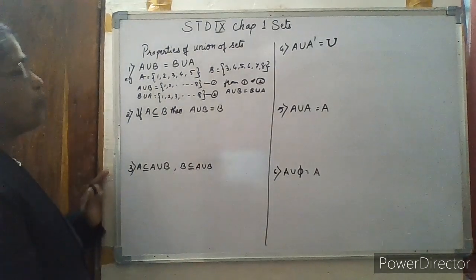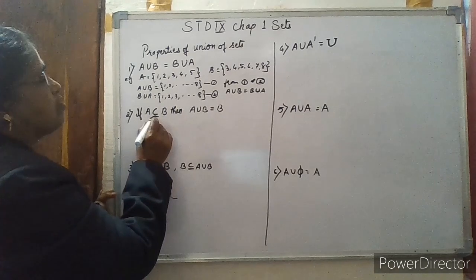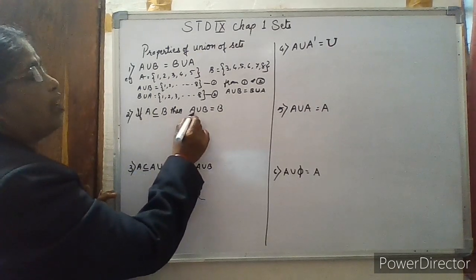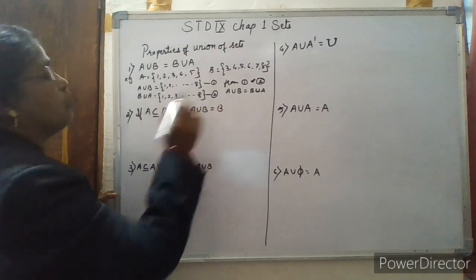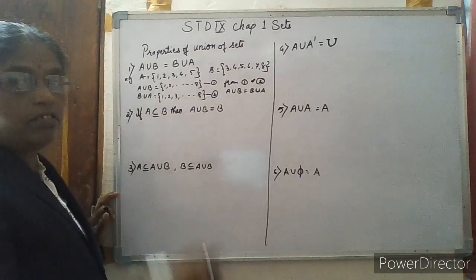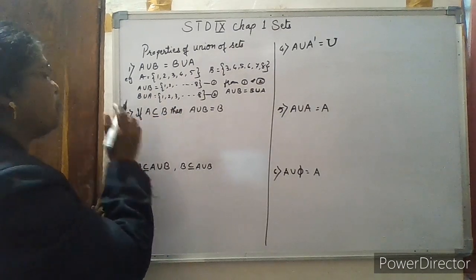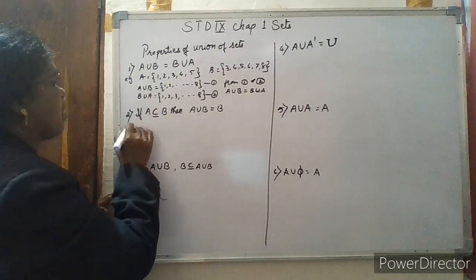Now, if A is a subset of B, then A union B is equal to set B. A is a subset of B means all the elements of A are present in set B. So we will take such an example.